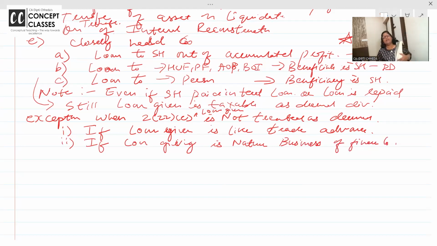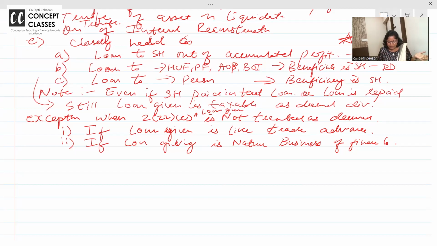Are you getting? Mine is a chit fund or a private company or a bank, like privately finance ka kaam hi hai. And in that way, if we have given the loan, then it is not treated as deemed dividend. Okay? One or two aspects not clear here and there, you know my way of teaching. Keep patience, 2-3 times when I repeat the concept with problem.